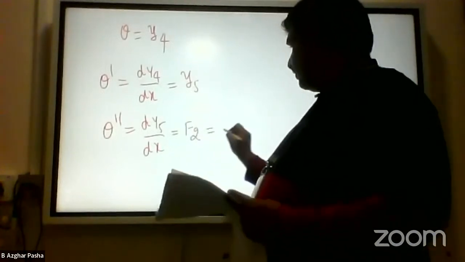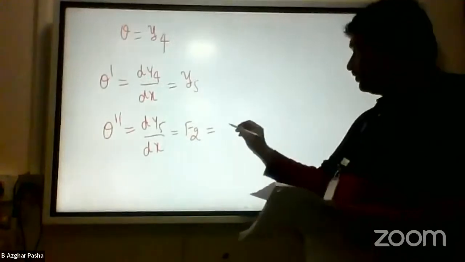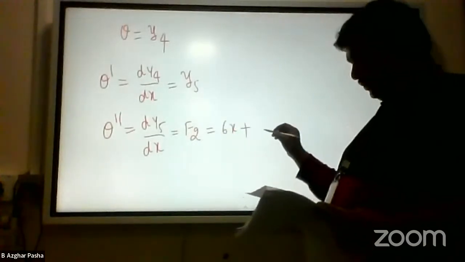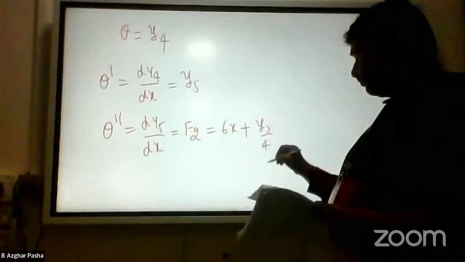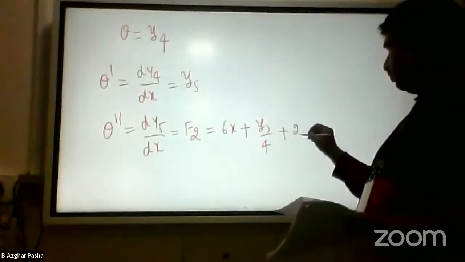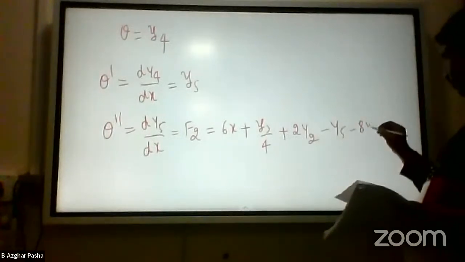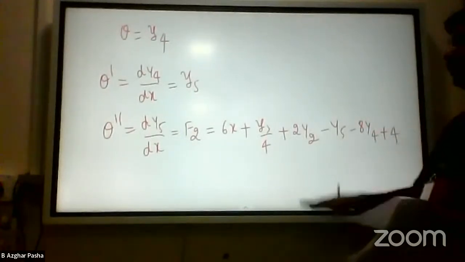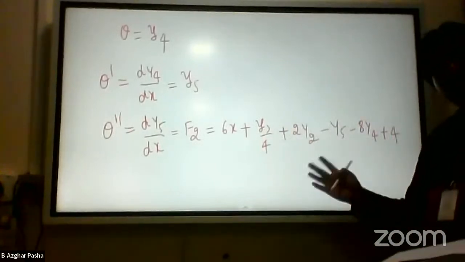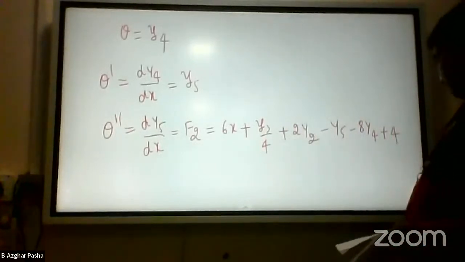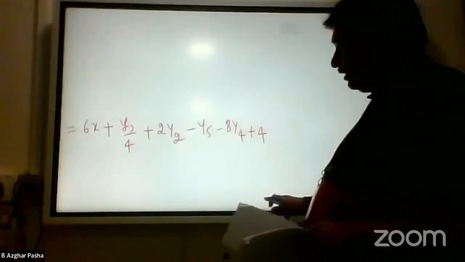F2, we have simplified it. It is 6x plus y3 y4 plus 2y2 minus 8y4 plus 4. So one set is over. Second set related to u you have to write.